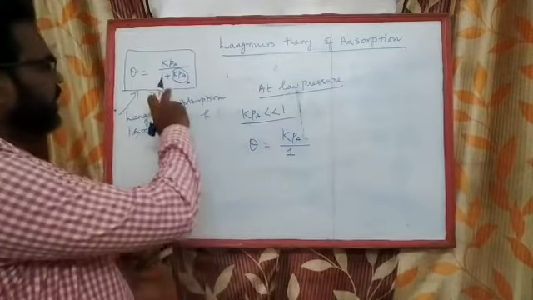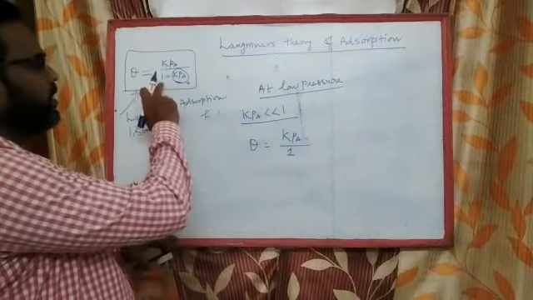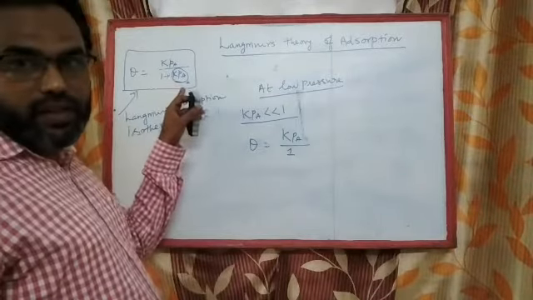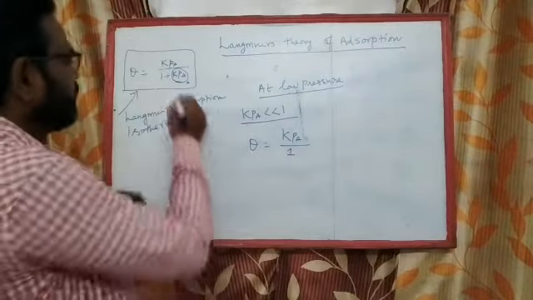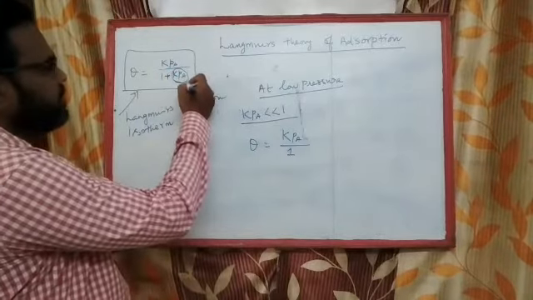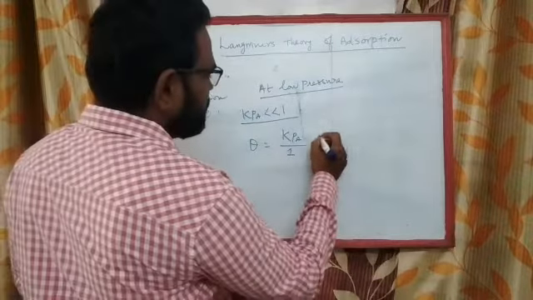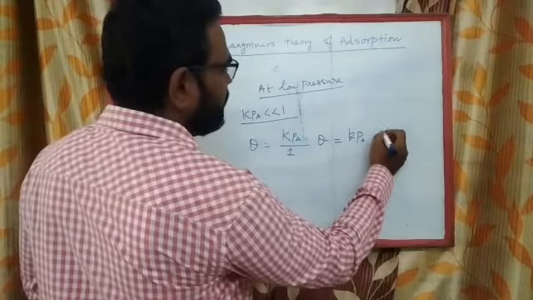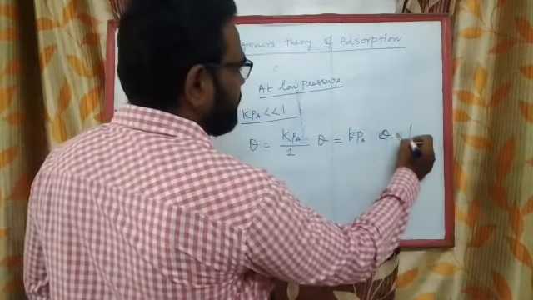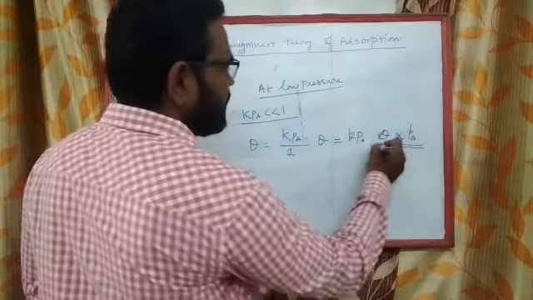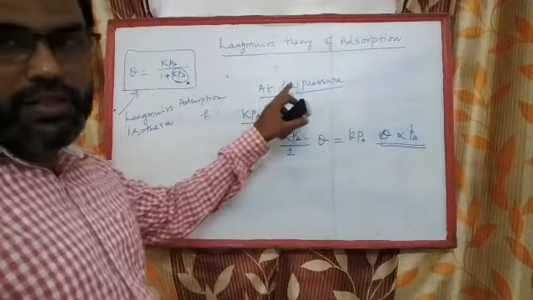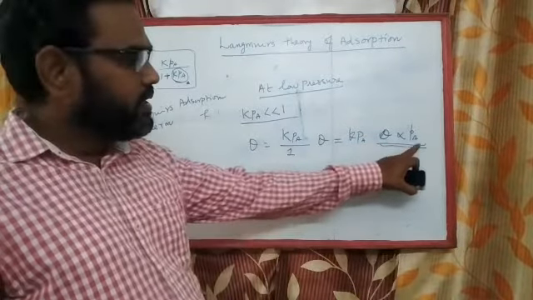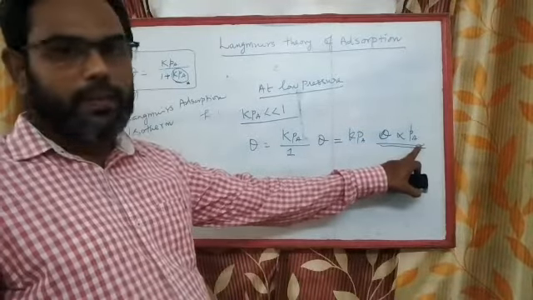So you can assume this value as 1 and this as 0.000 something, which is negligible. So theta becomes equal to K Pa. So theta is directly proportional to pressure Pa. At low pressure, the surface area adsorbed increases with the increase in pressure.